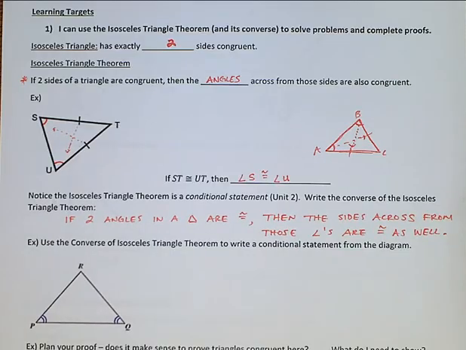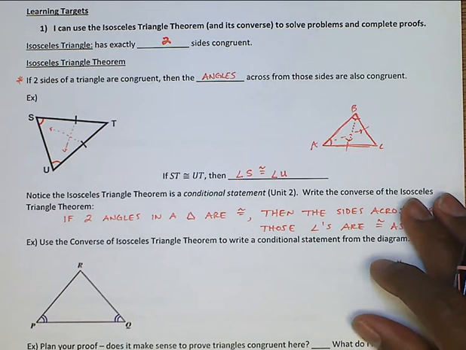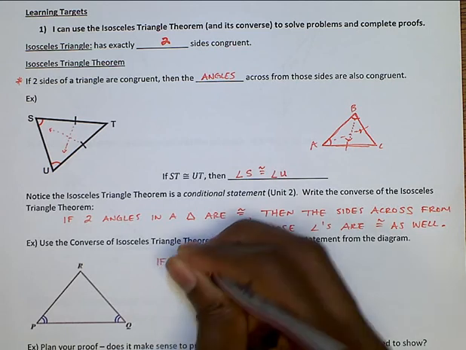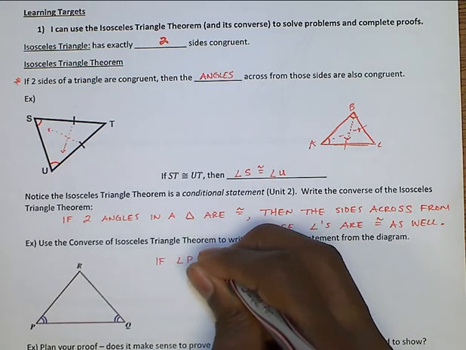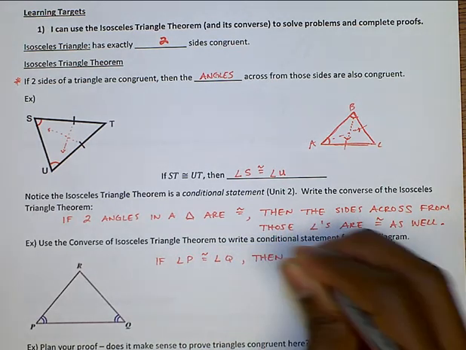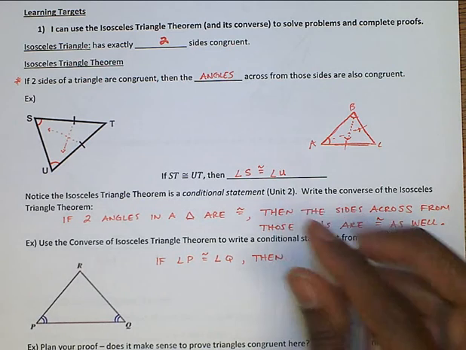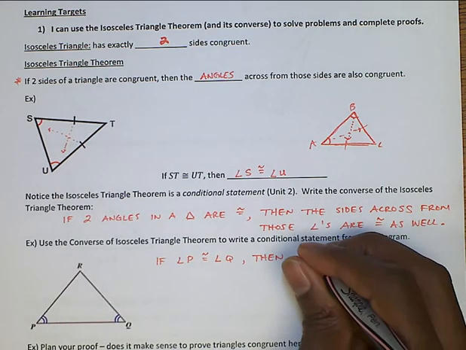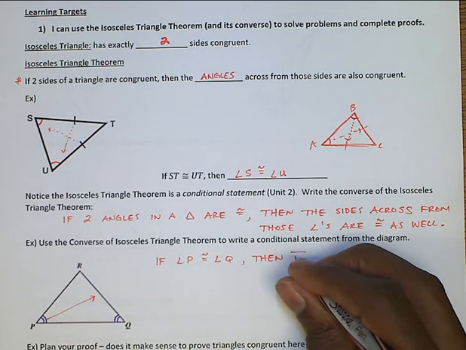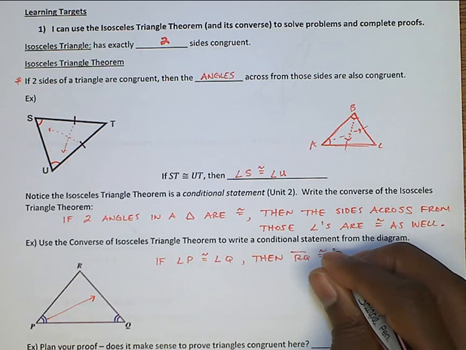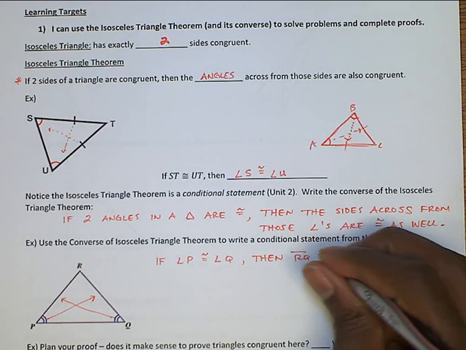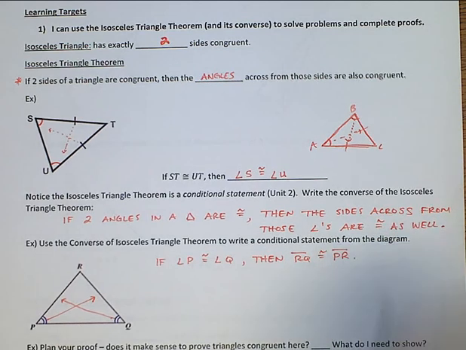In this problem, I'll say if angle P is congruent to angle Q, then, think about it, what side should be congruent? Then RQ is congruent to PR. And you see that those are just the sides opposite those angles.